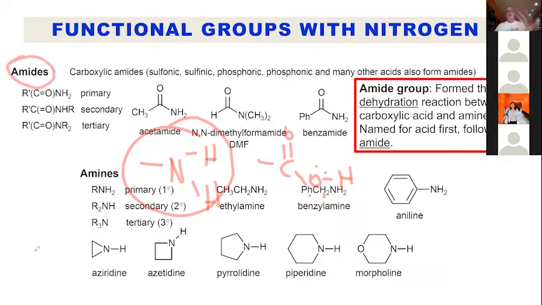Your body has trillions of these amide bonds, and that's the main bond keeping proteins together. It's the amide bond. Amide bonds are pretty strong because you don't want your proteins, obviously, to just fall apart. But you also don't want that bond to be so strong that you can't break it when you want to.